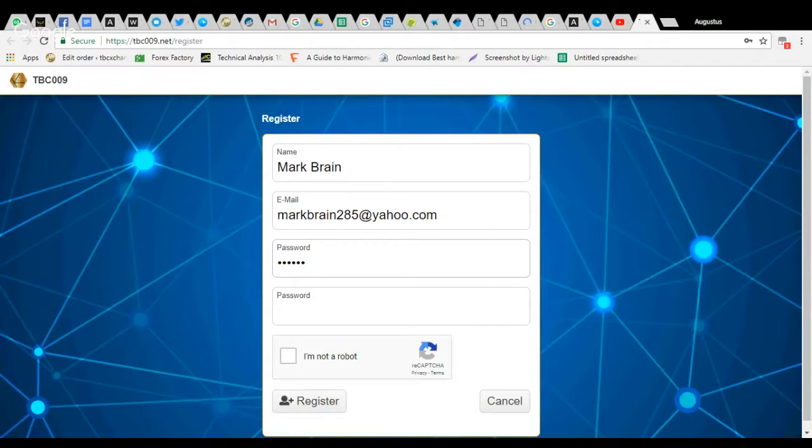And then the last part of this, you will go to the new blockchain system, which is TBC009.net, to do a registration.